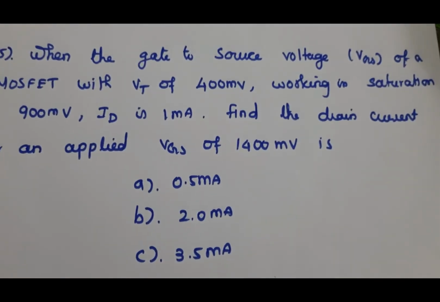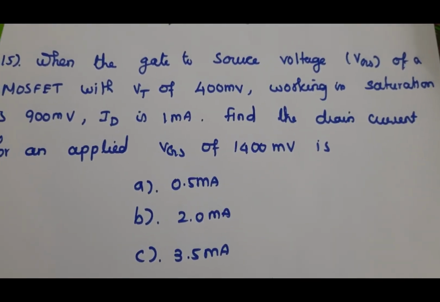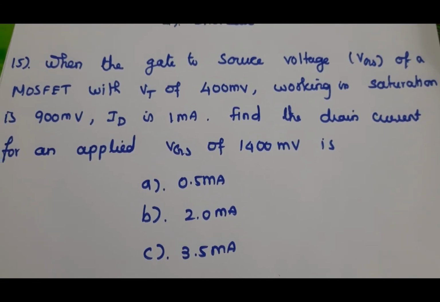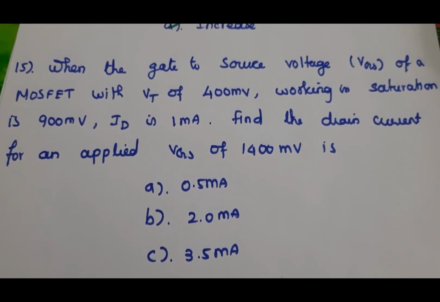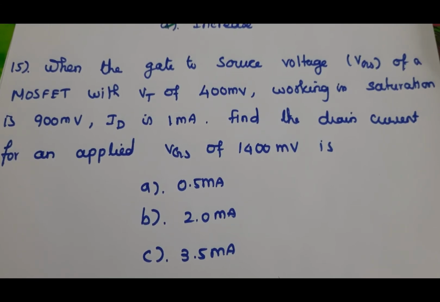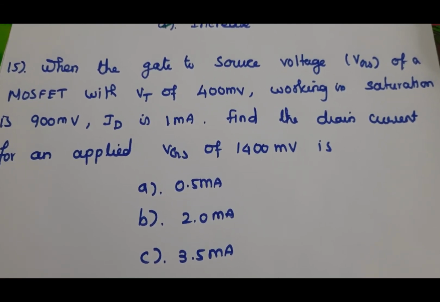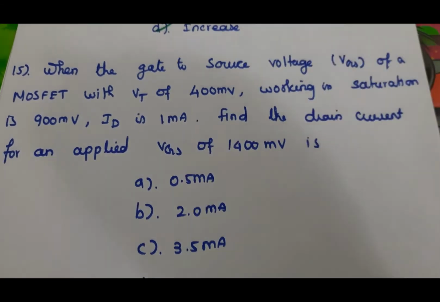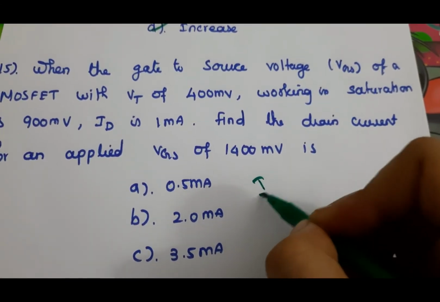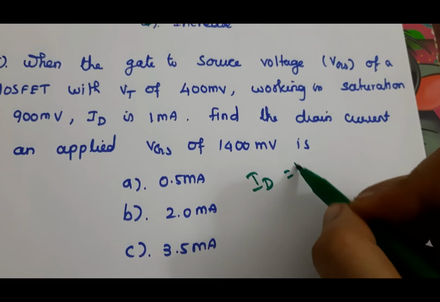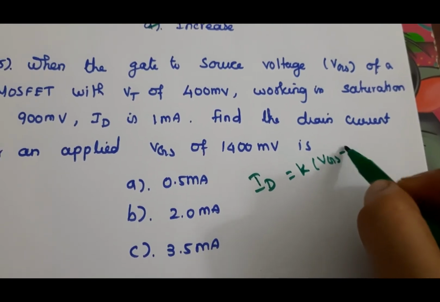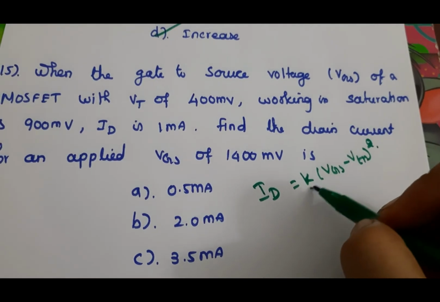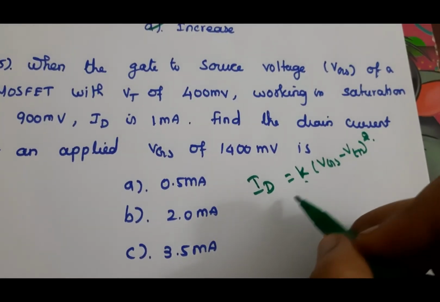And the final question: when the gate to source voltage of a MOSFET with VT of 400 millivolt working in saturation is 900 millivolt, ID is 1 milliamp. Find the drain current for an applied VGS of 1400 millivolt. We know the formula for ID: ID equals K into VGS minus threshold voltage, the whole square, and this K value is the same for all VGS values.